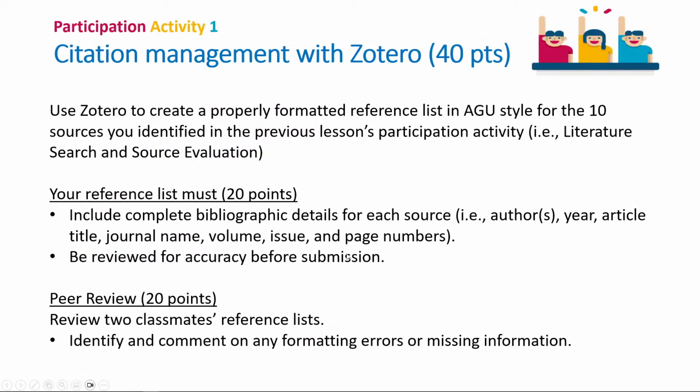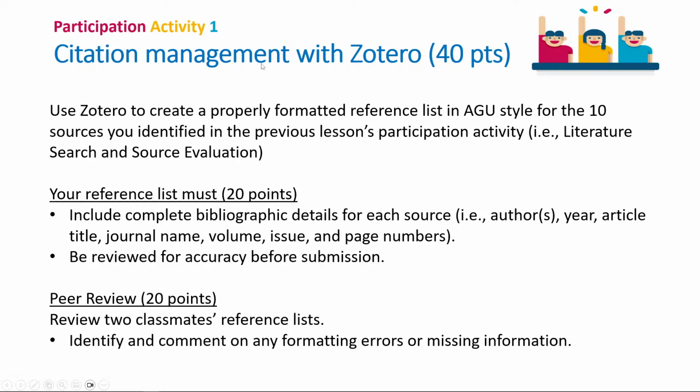Okay, but anyway, what I want you to do: remember the previous homework where you identified 10 articles that are very useful to your research, and you used generative AI to help you identify two or three other articles.